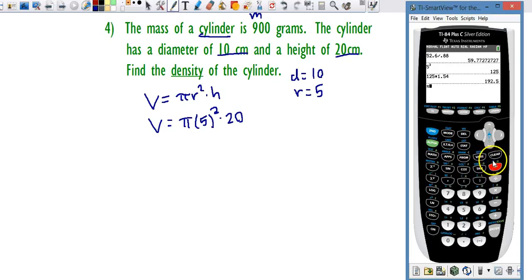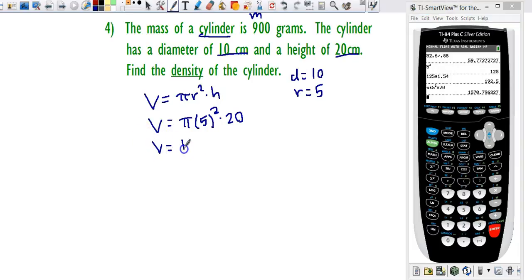There's the pi button right there, second exponent. 5 squared is 25. If you want to be lazy, you can just do 5 squared. 1570.796, so I'll round that up to 0.8. So my volume is 1570.8, and that's going to be in cubic centimeters.